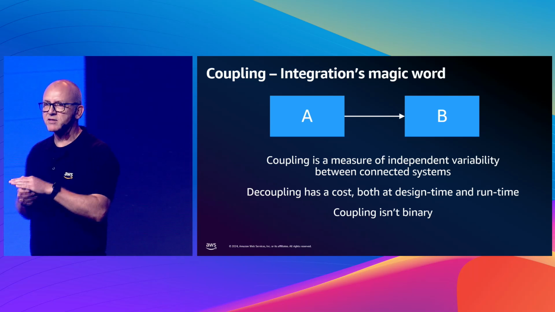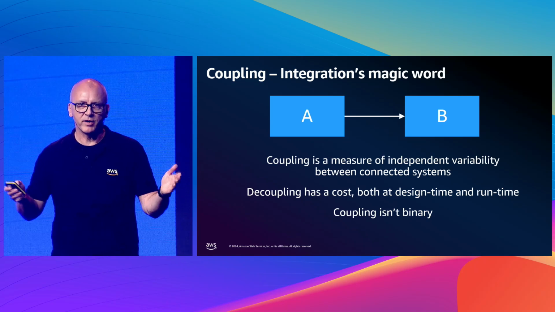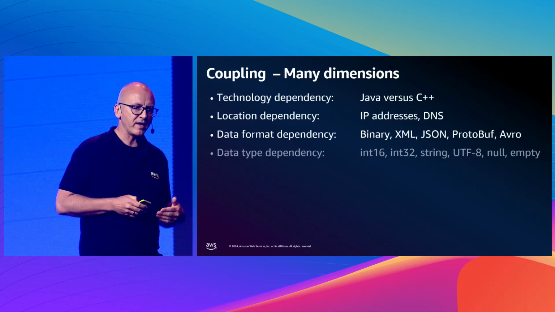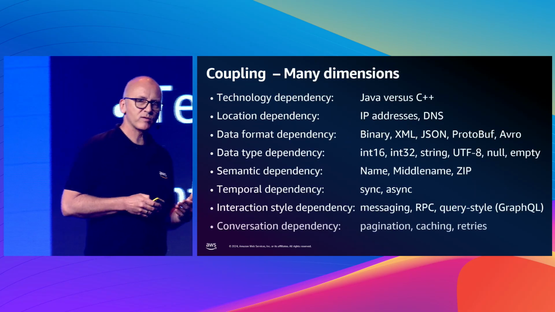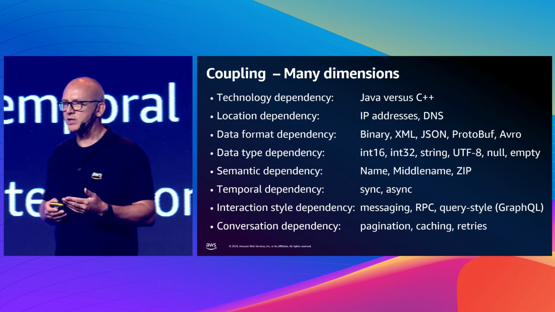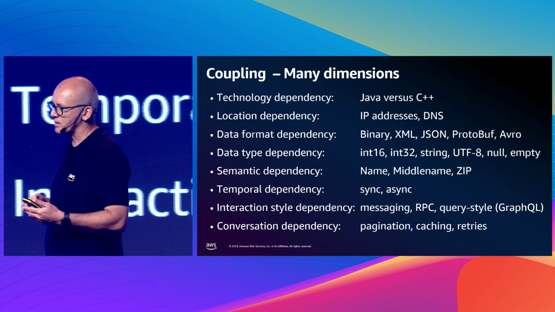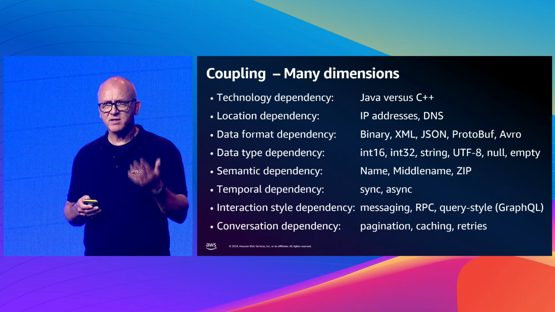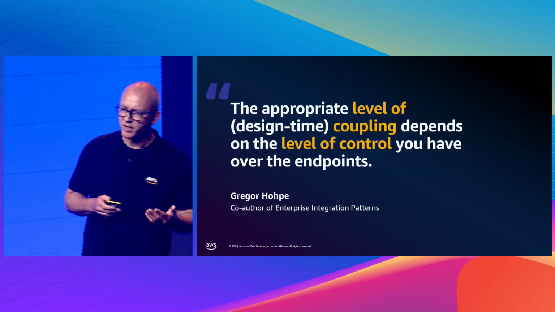And if the level is 0, then there is no interaction between two systems. Also, coupling has many dimensions. The ones we are looking at in a second with some examples are the temporal dependency and the location dependency, which is more or less runtime coupling. But also design time coupling is quite interesting and relevant.